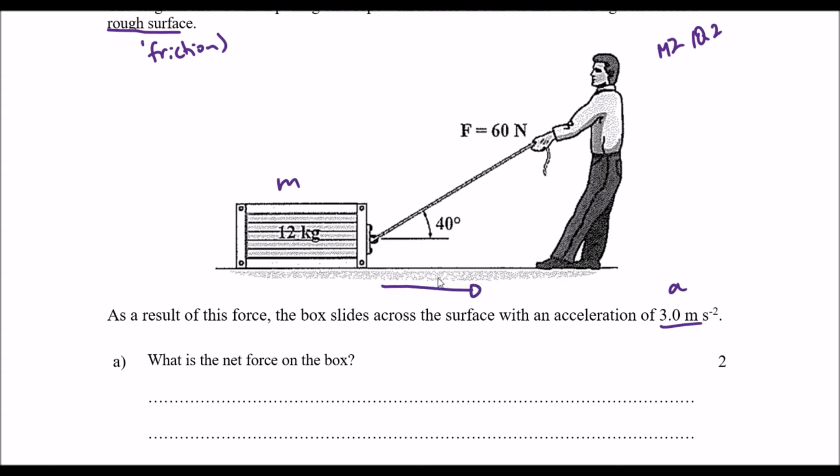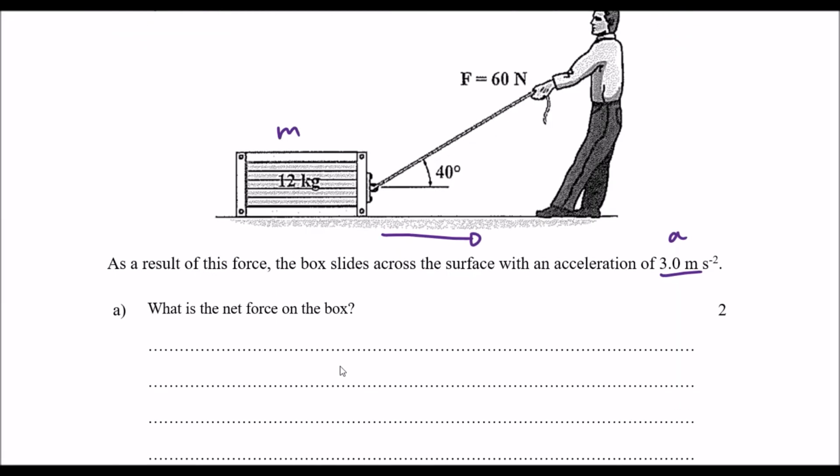So obviously it's being accelerated in this direction, so we only need to use F equals ma. So F net is equal to 12 times 3, and that would give us an answer of 36 newtons moving in the right hand direction. So that's what we have there.